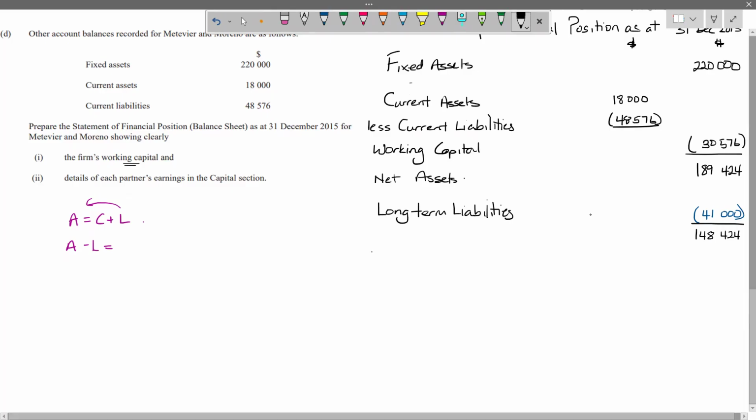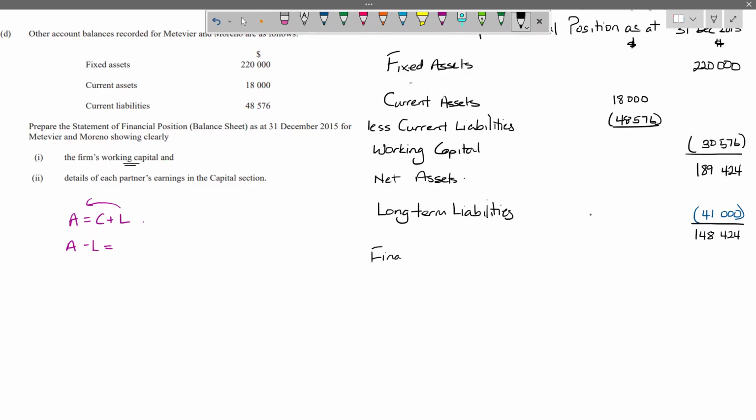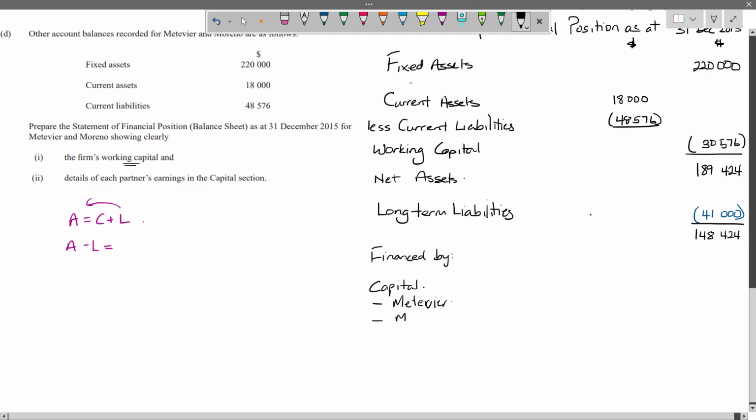Financed by section. So we have capital. We could do this and put Mentive and Moreno.